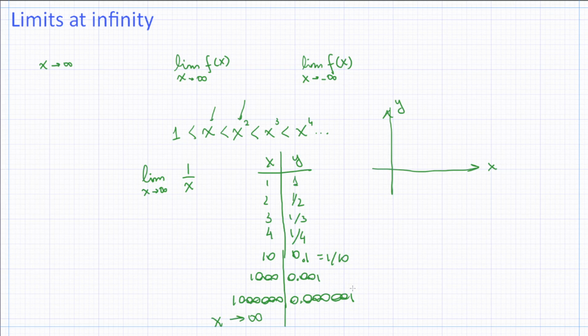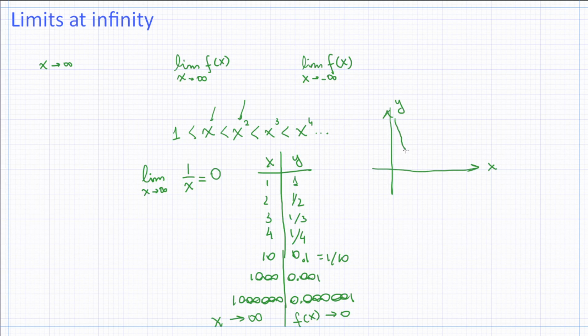However, it's always positive, and it's becoming a small number, but it doesn't actually get to 0. So we could say that our function is approaching 0. So the limit of this function 1 over x, when x tends to infinity, would be 0. Because as we move further and further to infinity, we're getting closer and closer to 0.